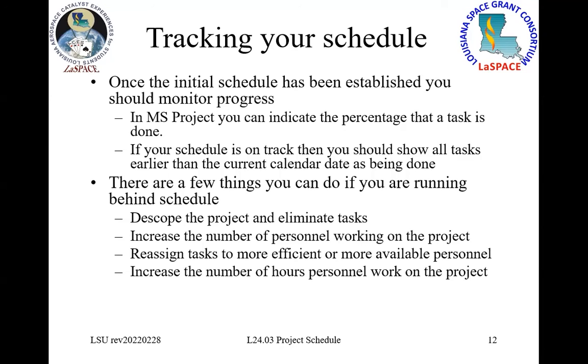That eliminates a bunch of tasks that you weren't going to be able to get done anyway. If you've got some spare personnel sitting around, you can increase the number of people working on the project. Maybe you can convince your faculty advisor to take up some of the tasks. I don't know, it depends upon how well he likes you, I suppose.